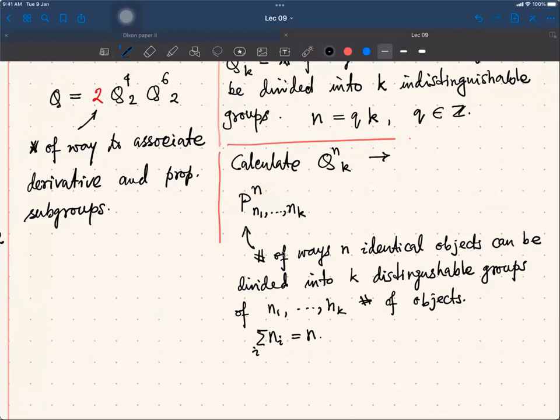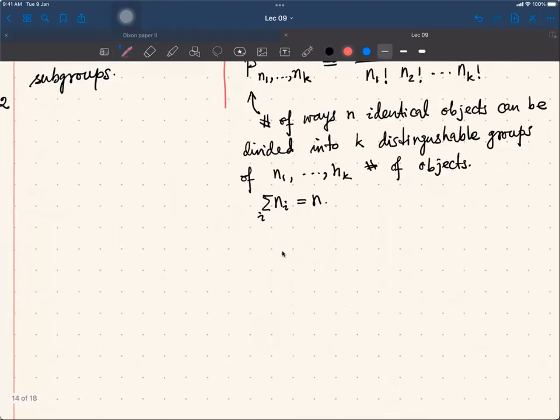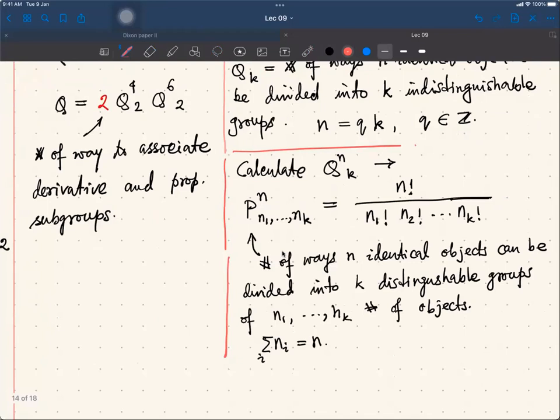Then this is a standard result, or you can try to argue why this result is right. It is given by factorial n divided by factorial n1, factorial n2, up to factorial nk. That's a known result, and I'm borrowing it here.